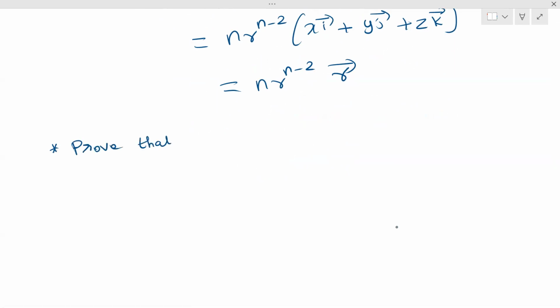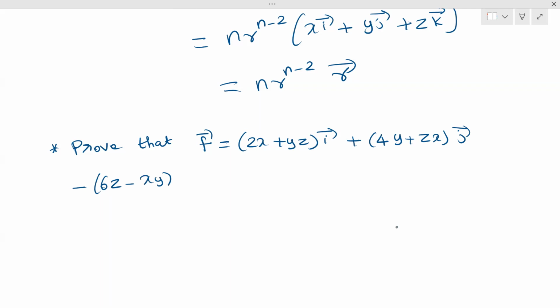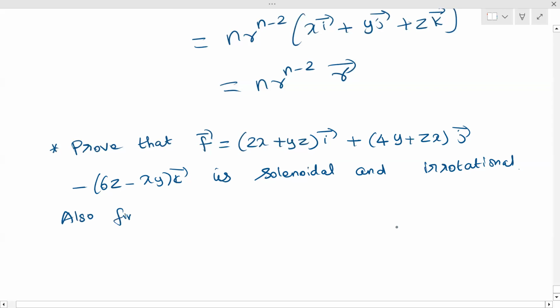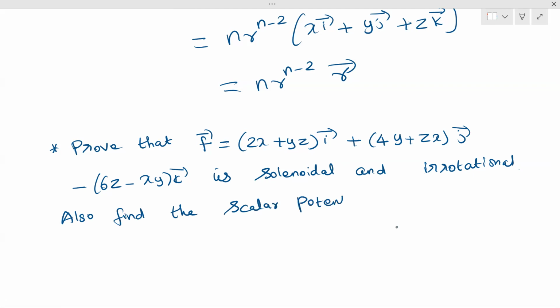The next problem, prove that F vector equal to... Okay.